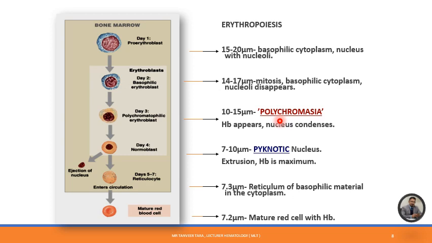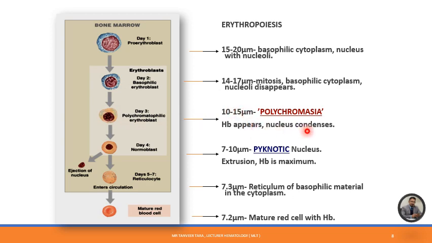A polychromatophilic cell is that cell in which hemoglobin appears for the first time, because hemoglobin synthesis starts from here. We have heme synthesis and globin synthesis, but it appears at this stage, and that's why it's known as a polychromatophilic cell. Because of its color, it's known as polychromasia: it has some bluish color, and the color of hemoglobin is red, so it has a double color.